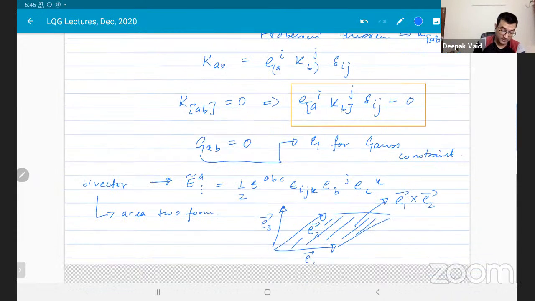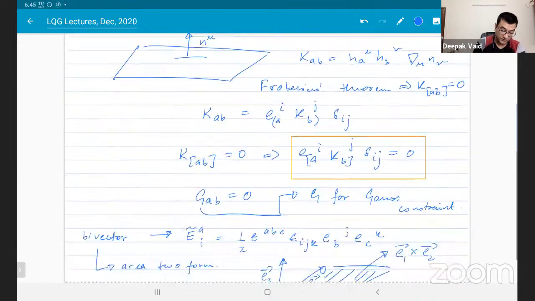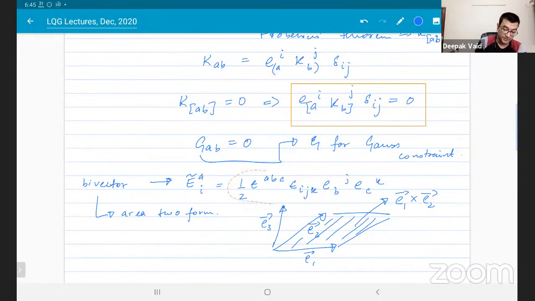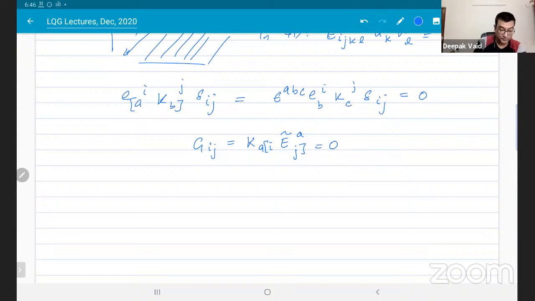Okay, and then I use this definition of E multiplied by 1 copy of the inverse tetrad, and finally I get my constraint can be written in this form: Ka I EAJ is equal to 0, which is also the same as writing Gk is equal to epsilon, again using this bivector duality, into Gij is equal to 0.